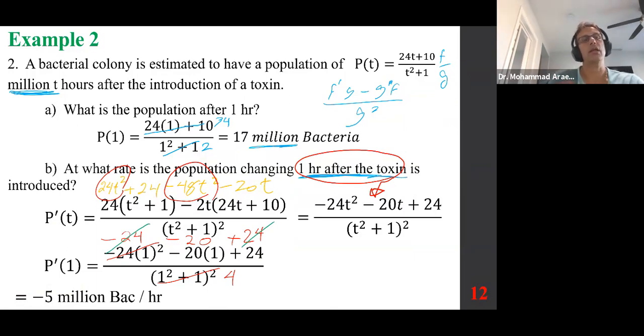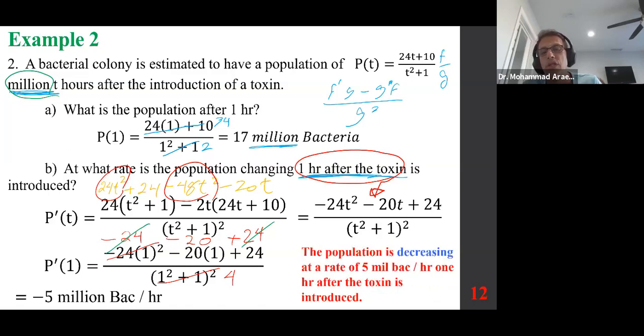Why million? Again, go back to this. So negative 5 million bacteria per hour. So what does it mean? It means 1 hour after the toxin is introduced, the population of bacteria is decreasing by this much.